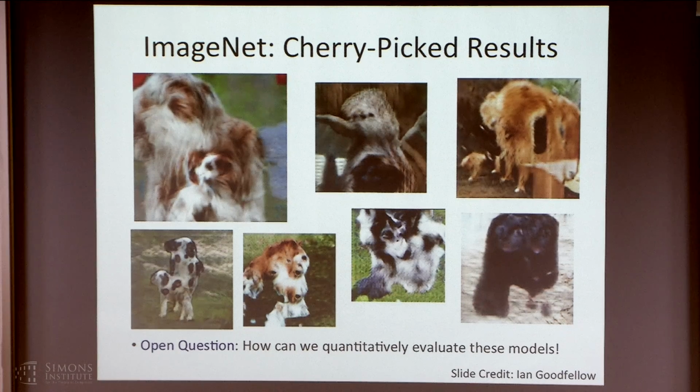I think a better way of doing things that people have done is to look at conditional simulations, which is to say, condition on something, simulate something else. Things like if I condition on a sketch, can I generate a real image? And if I condition on a sketch that it has never seen before, and it still generates a realistic looking image, I might say there is something there.